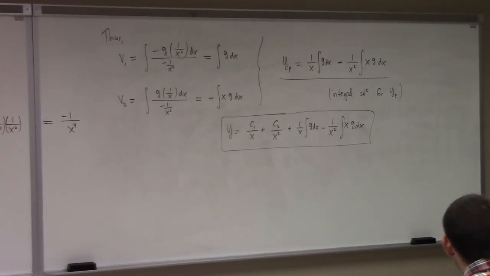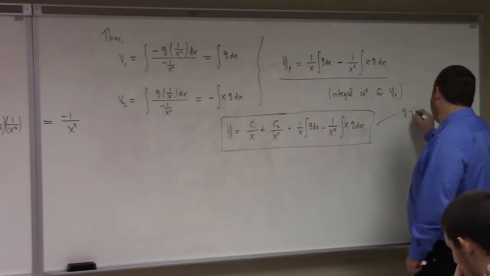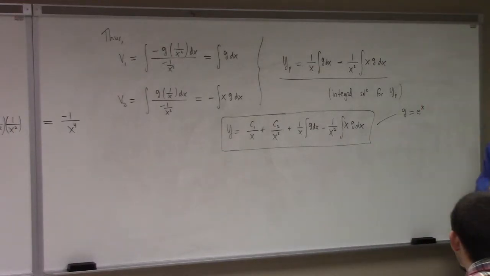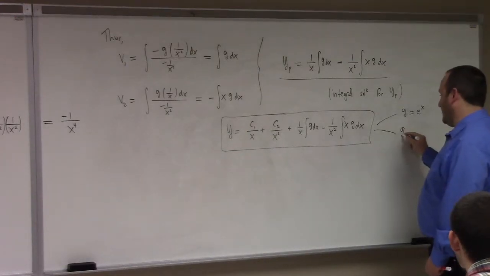What's that? G equals e to the x? Sure, we could do that. That'd work, because then you could do these integrals. We can integrate e to the x. We can integrate x e to the x. I was trying to be nicer to you guys. I was thinking, I don't know, 1.